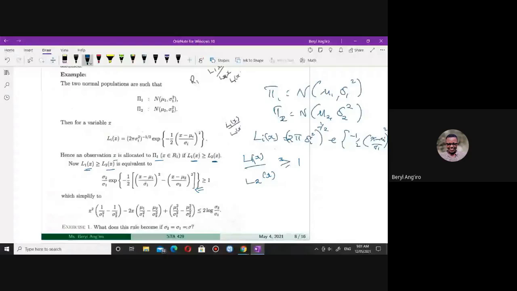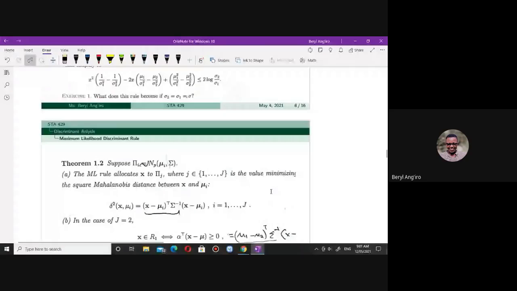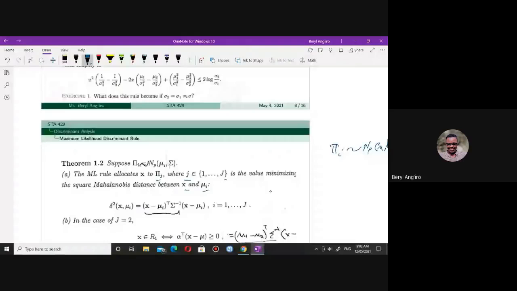Now suppose that pi_i is p-variate normal with mean mu_i and the variance covariance matrix Sigma. The allocation then uses the Mahalanobis distance between x and mu_i, and this distance is given by this. So we have x minus mu_i.